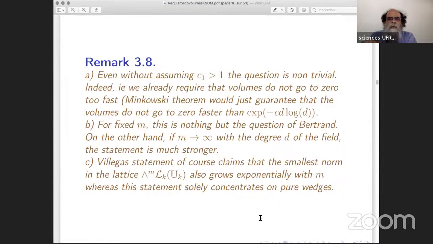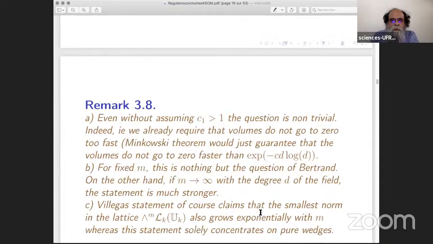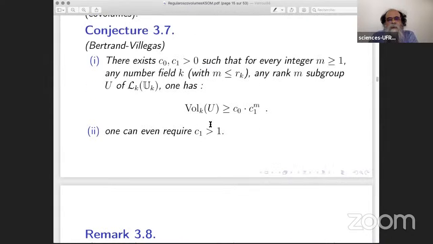So in fact, what you can essentially prove without too many tools is that this volume is bigger than some exponential minus m log d. And so bringing it back to exponential minus m is something which is already highly non-trivial.